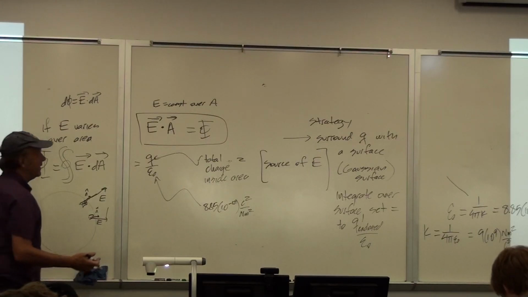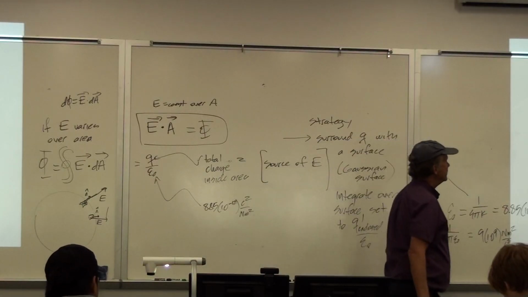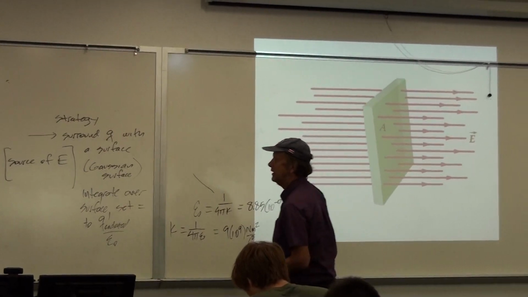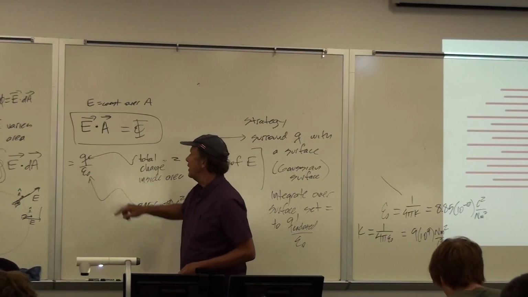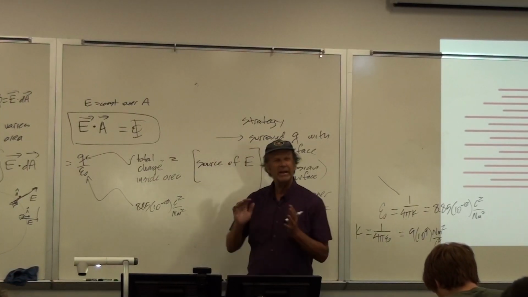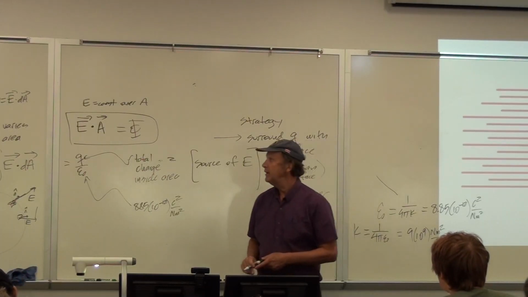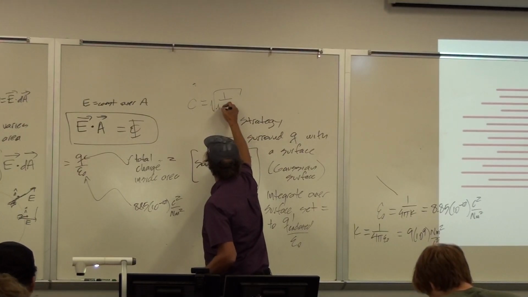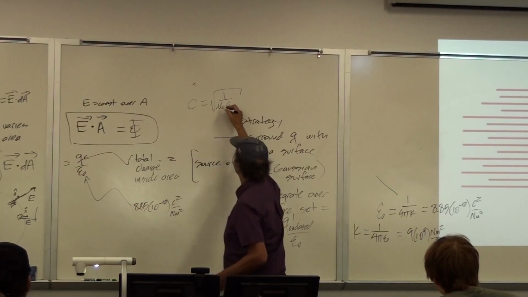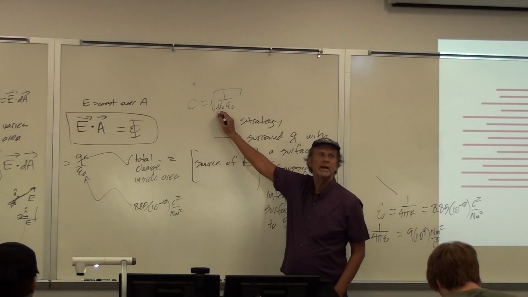So why are we using epsilon naught now and k before? Well, because epsilon naught is a simpler way to write this expression, and this is one of Maxwell's basic equations. The Coulomb constant, 1 over 4 pi epsilon, is just a special case that works really well for point charges. Later on we'll see that the speed of light is equal to the square root of 1 over mu naught epsilon naught, where epsilon naught is our electric constant and mu naught is our equivalent magnetic constant.